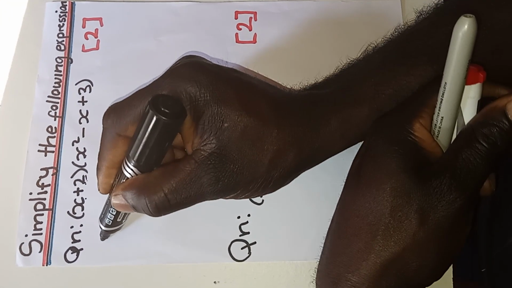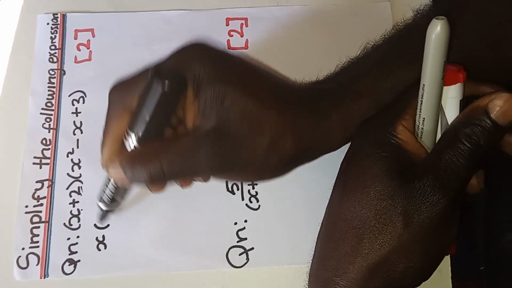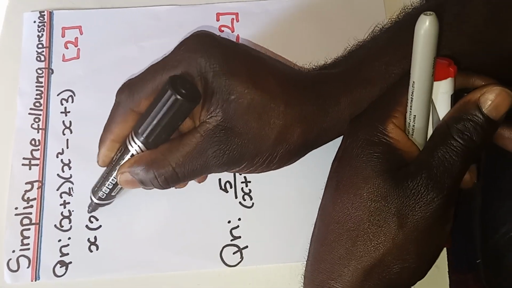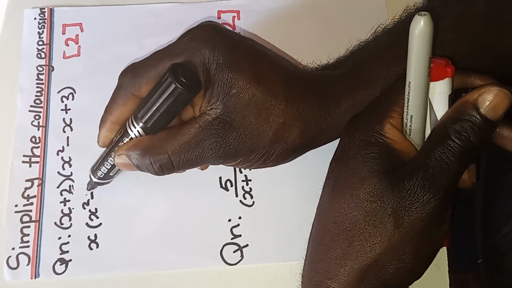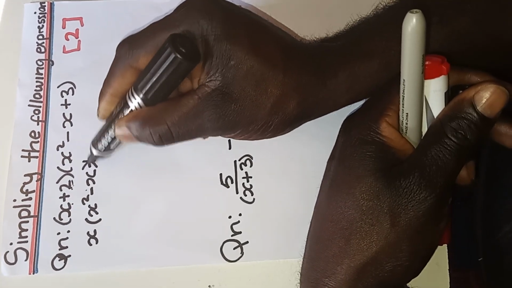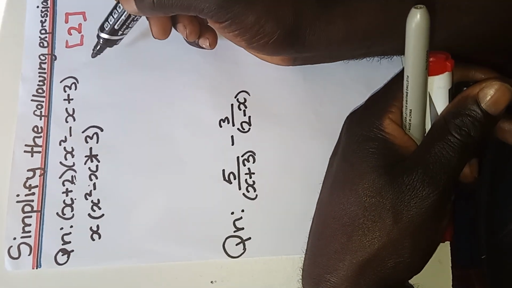The first thing I do is take this first x and put it there, then I write completely the second expression, which is x² − x + 3, and close the bracket.